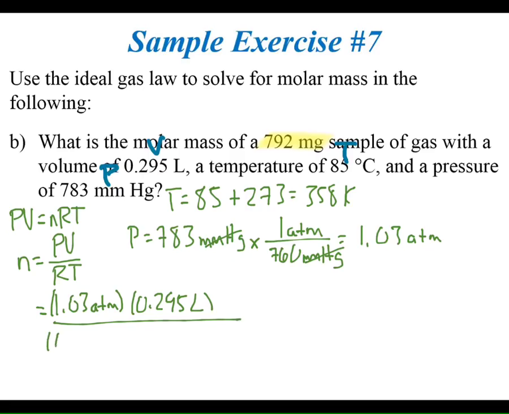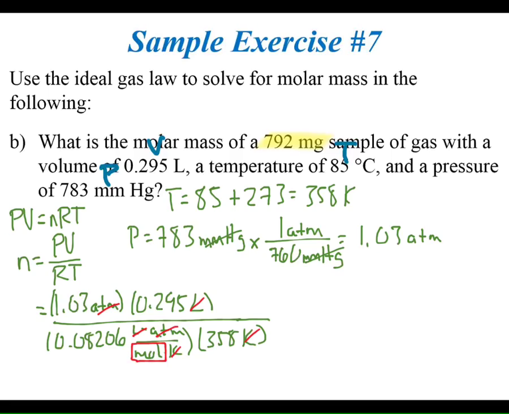R is 0.08206. Let's write all these units in here: liter atmosphere over mole times Kelvin. T is 358 Kelvin. So make sure everything cancels. Atmospheres, atmospheres, liters, liters, Kelvin, Kelvin. There we go. We're left with moles.